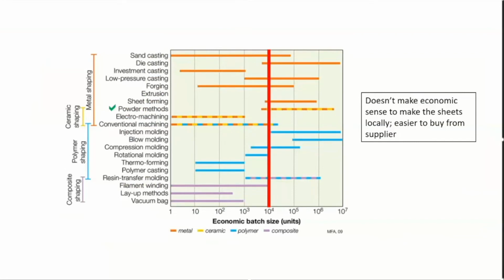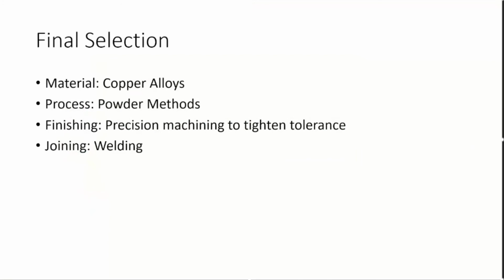And looking at economic batch size, we can see that powder methods are really meant for a large batch size, which for Launcher itself makes sense because they're trying to churn out thousands of these engines for space applications.